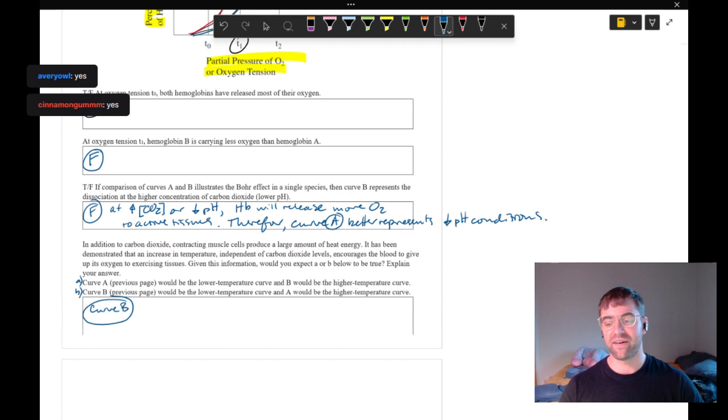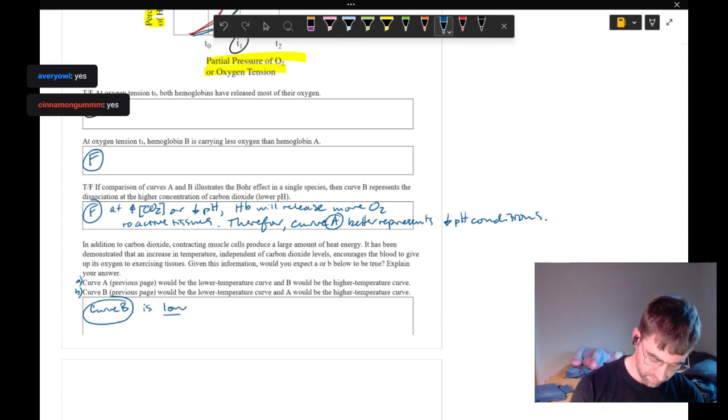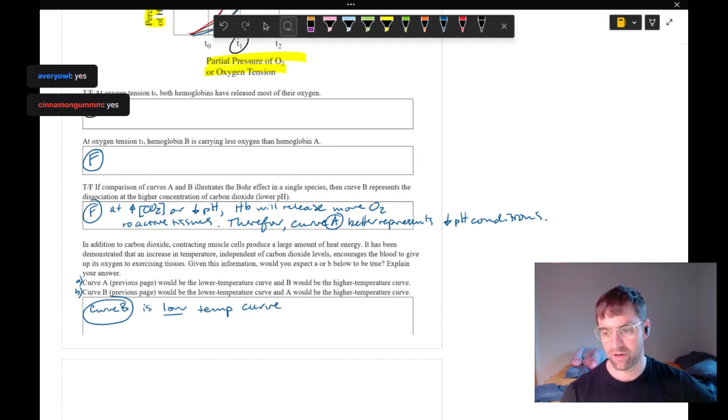And again, in comparison, curve A releases more of its oxygen at the same partial pressures of oxygen compared to curve B. Curve B is the low temperature curve.